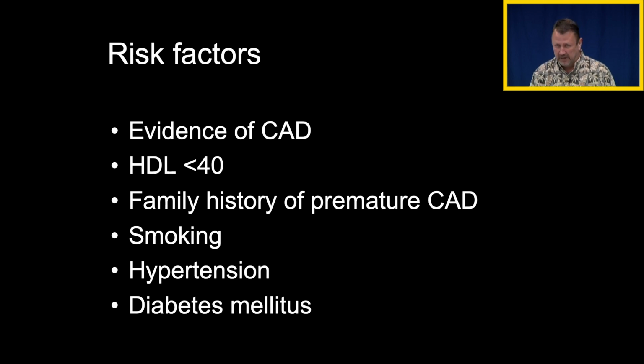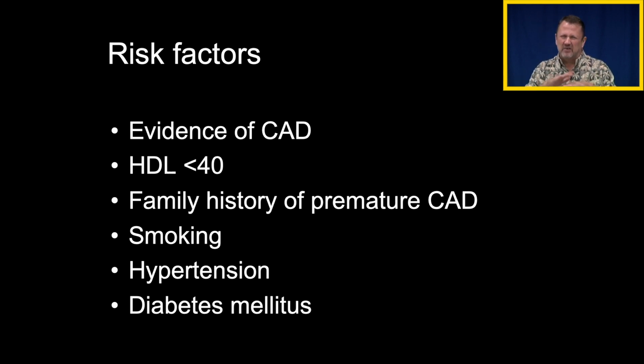If they have a family history of premature coronary artery disease, then they are at very high risk for coronary artery disease. Smoking, high blood pressure, diabetes mellitus, all of these can result in atherosclerosis and coronary artery disease. And how many people do you know who smoke and have high blood pressure and are diabetic and have a family history of coronary artery disease and HDL is less than 40?